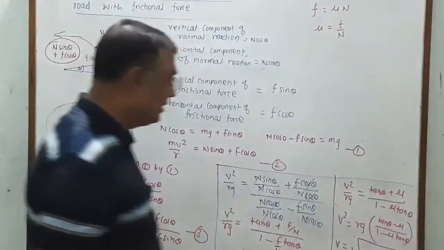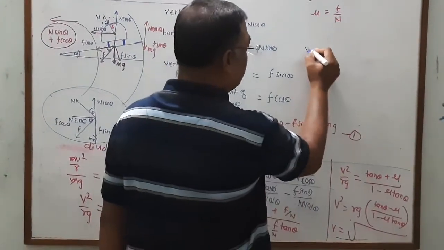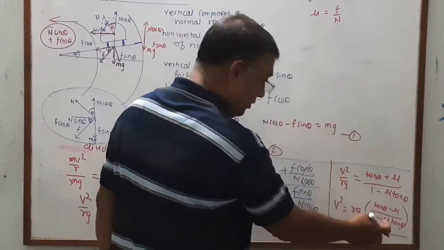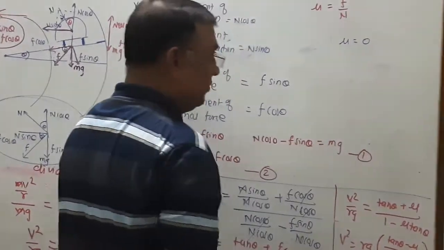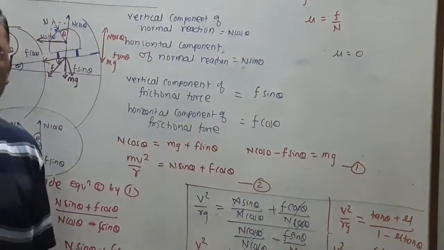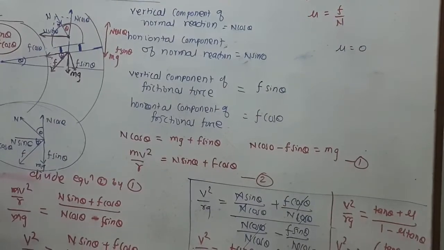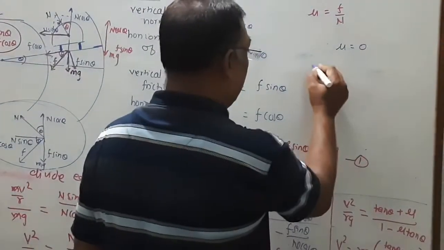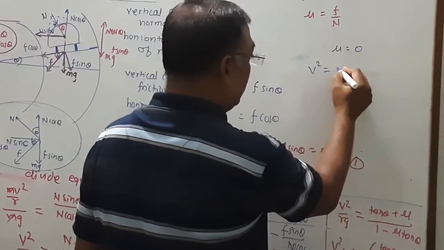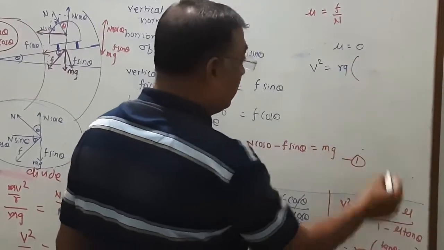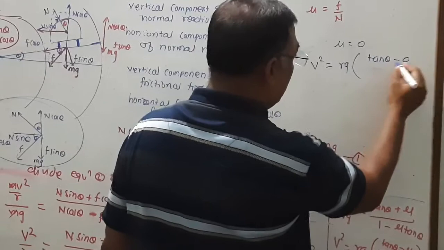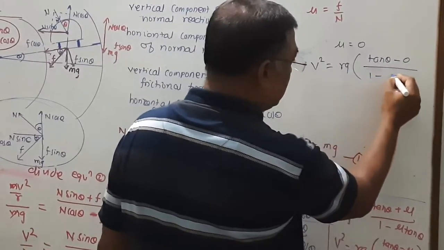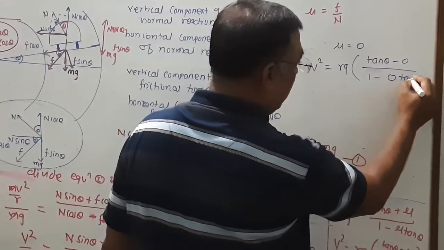The same derivation comes out here, that is v is equal to, if you consider mu equal to 0 in this case, if you are not going to take the frictional force into consideration, the same derivation I can write here, that is v square is equal to rg in bracket tan theta minus 0 upon 1 minus 0 into tan theta.